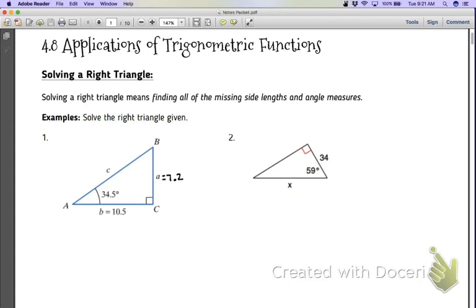Now, again, I still need to find my hypotenuse. I am not going to use 7.2. The only two values I should ever use in finding anything are the two values that are given. Do not use the 7.2. Do not use a value that I just got.